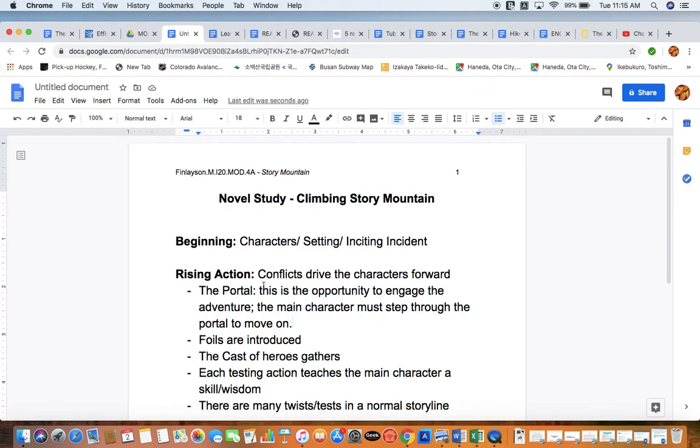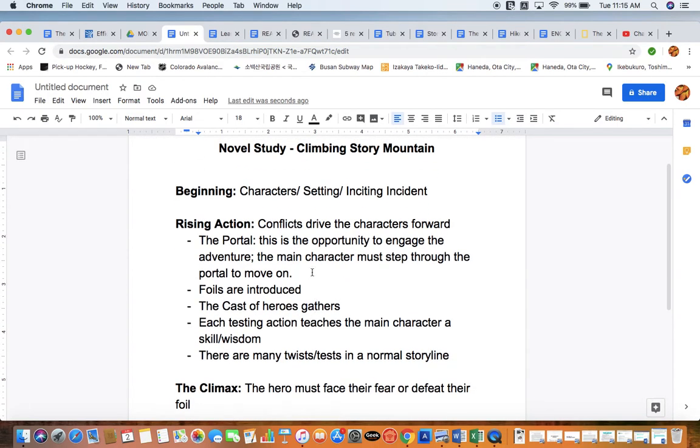So once the main character has tackled the portal and decided to accept the challenge of the adventure, this is when the foils begin to be introduced into the story. And now foils, as we know, these are opposing forces. These are forces that are opposite of the character. Now they can either be enemies to the character, or they can be competitors to the character.